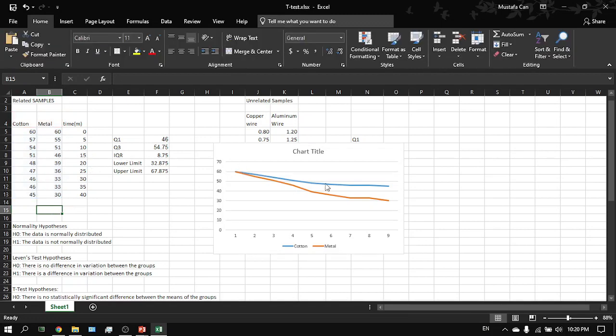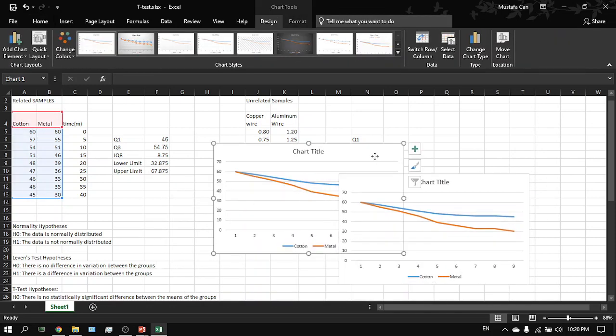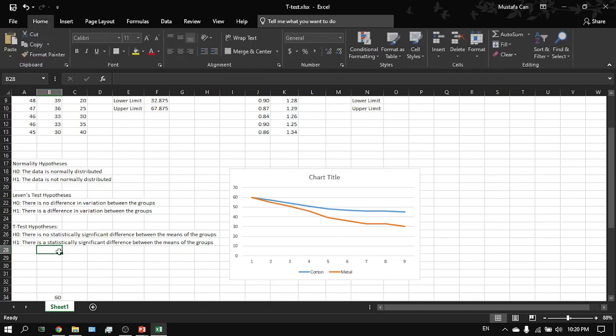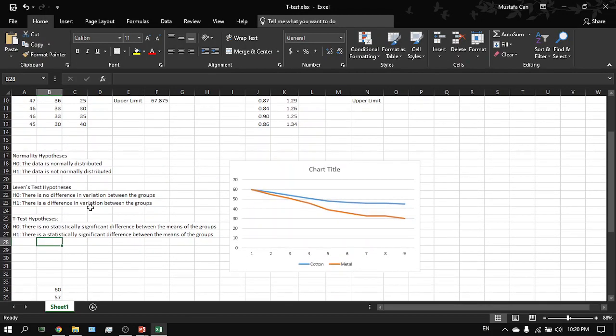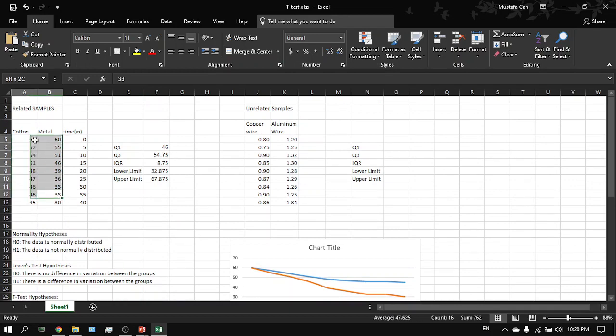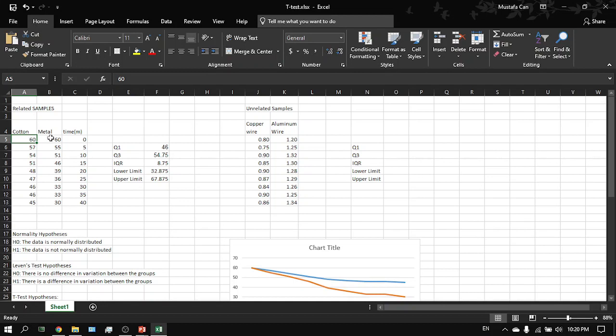This shows your chart. This shows the distribution and how it is changing. When you're writing your conclusion, you have to have your graph so that you can talk about it. Let me explain. You find there's a significant difference between the two, yes, but which one has a higher rate and which one has a lower rate, you cannot tell with the statistical test.